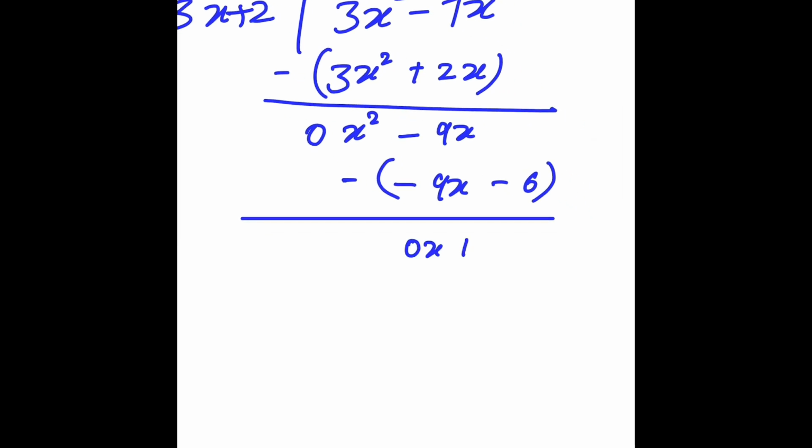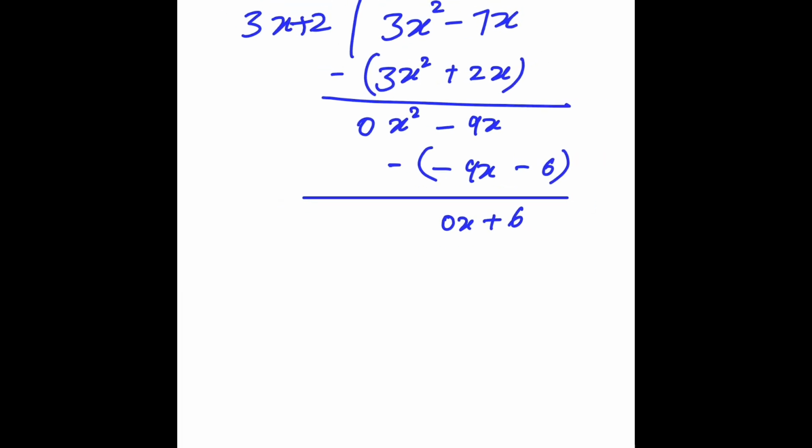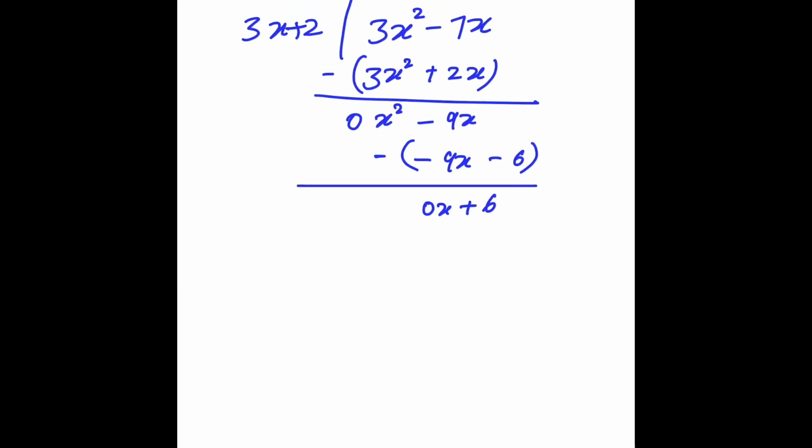So it is going to be 0x plus 6. Now we're going to write our final answer here in the quotient plus remainder over divisor form. The quotient is x minus 3, the remainder is 6, and the divisor is 3x plus 2. So x minus 3 plus 6 divided by 3x plus 2.